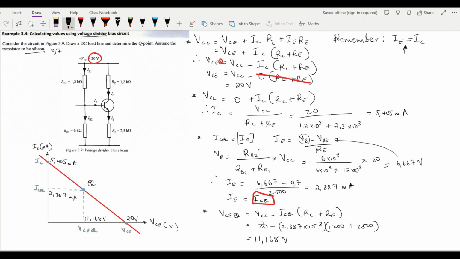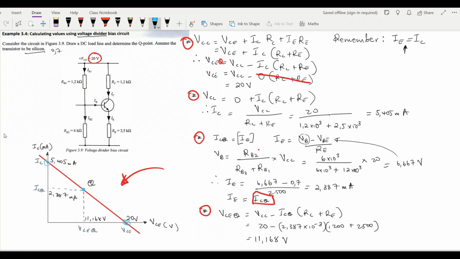How many steps did we use here? One, two, three, four. And the fifth step is our drawing. We've identified the IC values there and the VCE values there. We've drawn our DC load line just like that. And then we identify our Q point.